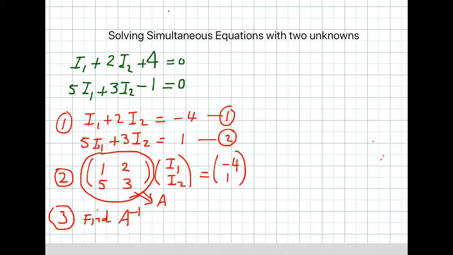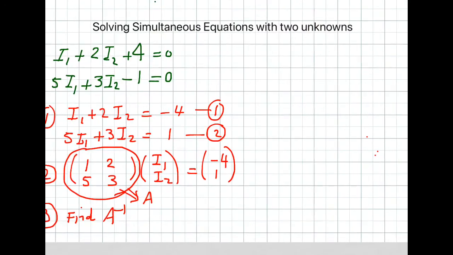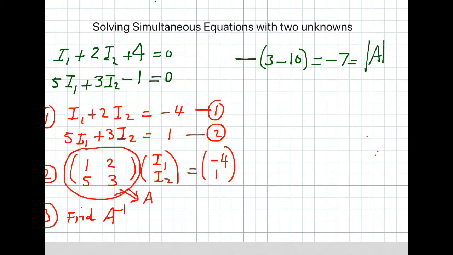So the determinant of A is 1 times 3, which is 3, minus 10. That is equal to minus 7, and that is the determinant of A.